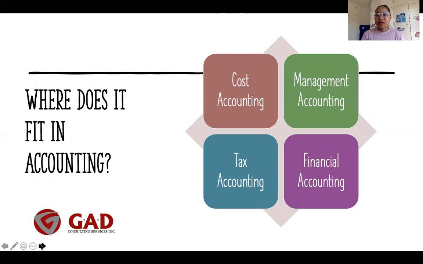Whereas management accounting looks at everything in the business, making sure that the performance and position is managed. Tax accounting is focused on complying with the legislation, and financial accounting on how we report financial information for external use.